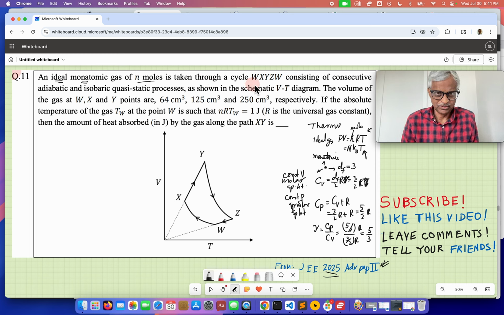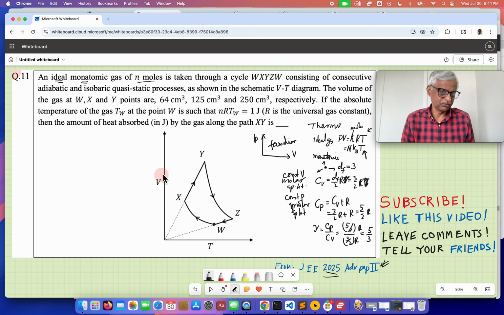So it goes through a cycle. The cycle is described by going from here to here, and usually you do it in a PV diagram. So you may be familiar with P and V like that. Okay, this is a familiar thing, but this is just a V and T diagram.